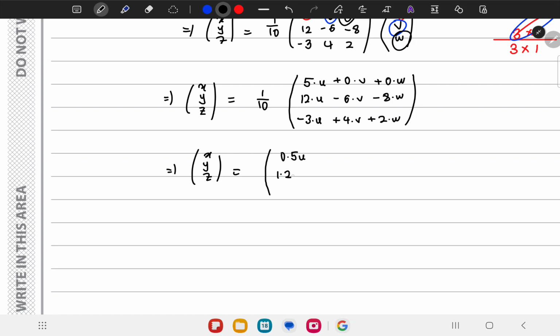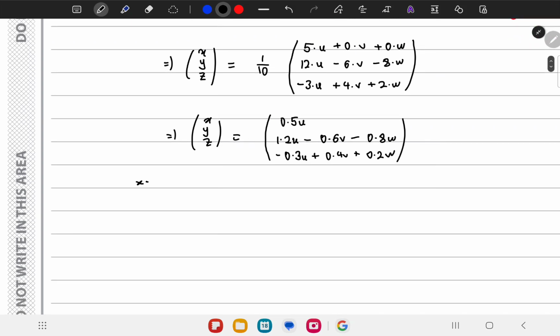For this I have 1.2u minus 0.6v minus 0.8w, and for the last line I have minus 0.3u plus 0.4v plus 0.2w. So x is 0.5u, y is 1.2u minus 0.6v minus 0.8w, and z is minus 0.3u plus 0.4v plus 0.2w.